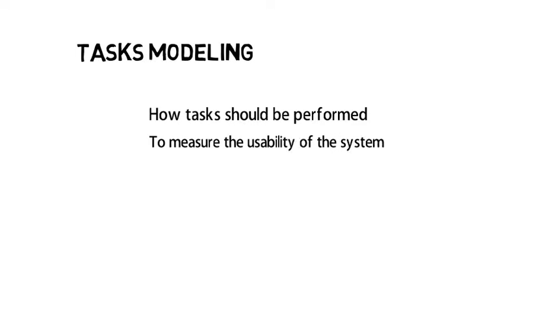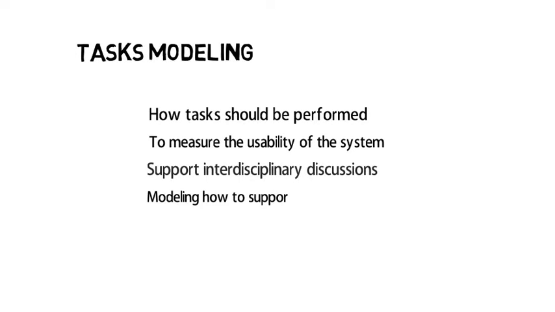We use task modeling to improve understanding of how tasks should be performed, to predict how long users will take to learn a task and to perform a task. In other words, to measure the usability of the system. To support interdisciplinary decisions. To model how to support tasks in supporting systems.